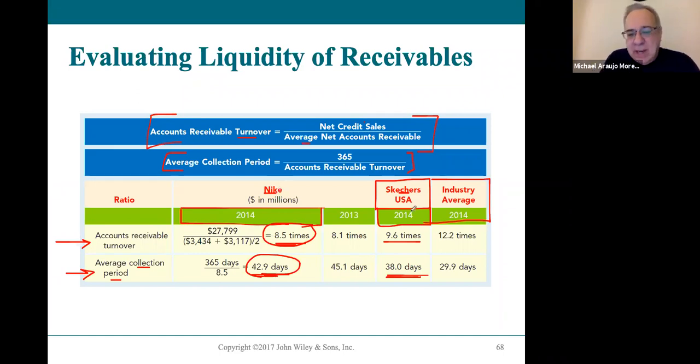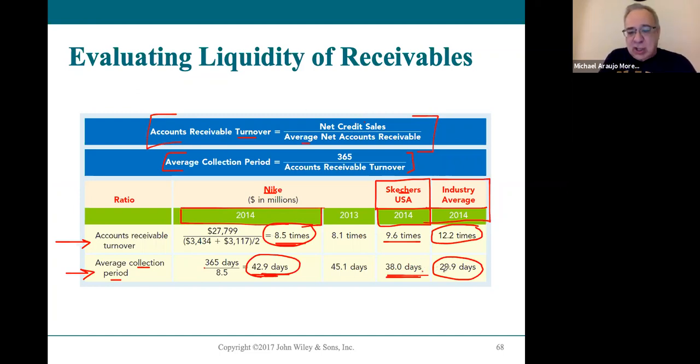If you look at the industry for the same year, their turnover was 12.2 times a year. That's exactly where it should be. We talked about that. 12 times a year makes sense, once a month, 12 months a year. And indeed, if you divide 365 by 12.2, you get roughly every 30 days. So the industry is doing quite well.